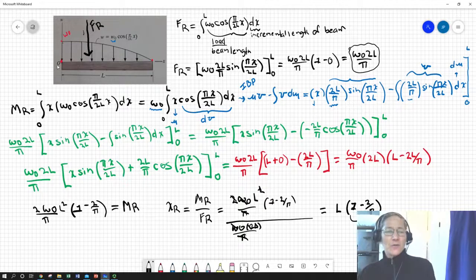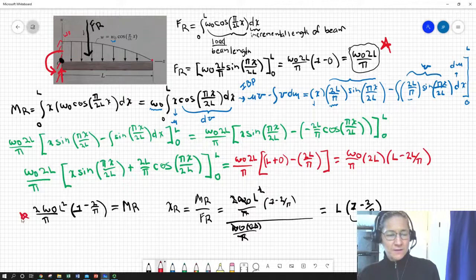So if we were going to design a support at point O, the values we would be looking for would be a force resultant. If we were going to use a cantilevered support, if this were bolted into the wall, this wall support would need to be pushing up with this much force, and it would need to be exerting an opposing moment equal to this.